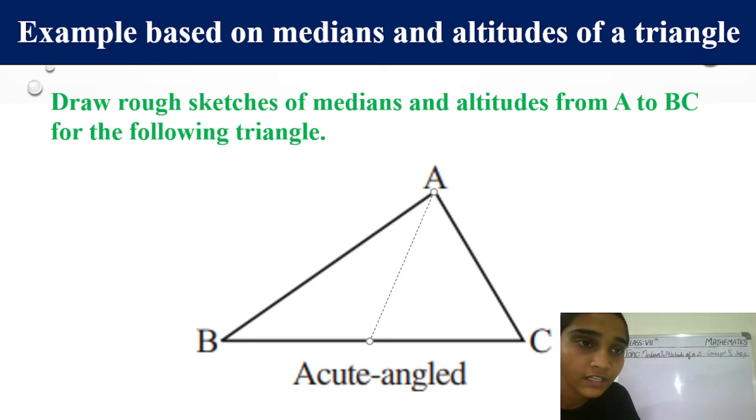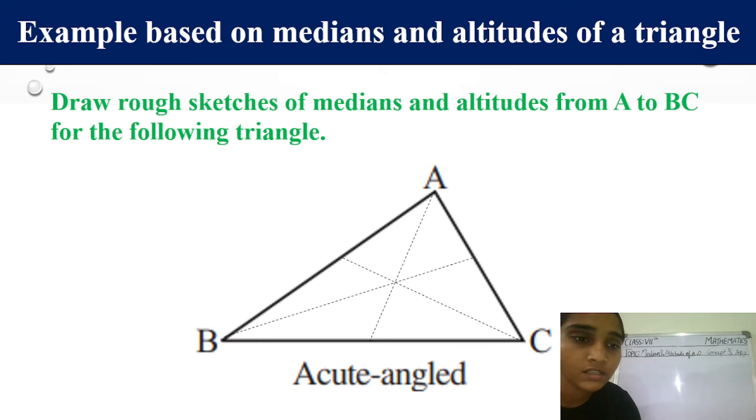Another median we can draw from the vertex B to the opposite side, which is AC. And one more median, students. We know our triangle has three medians, right? So like this we can draw the third median also. Very good. So we have drawn the three medians, which are these.